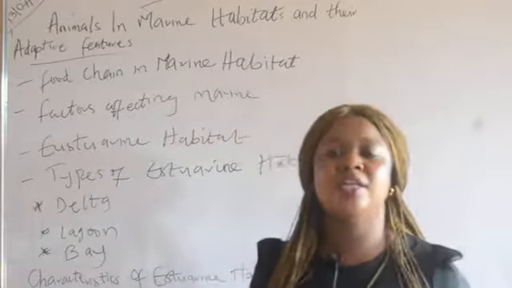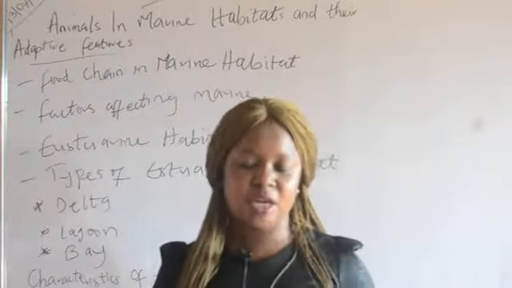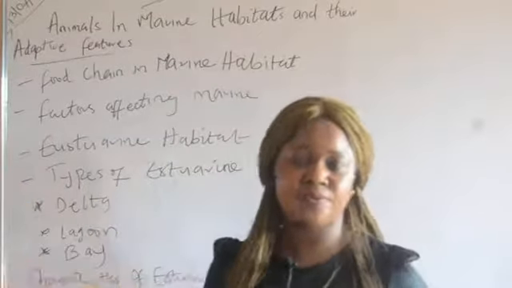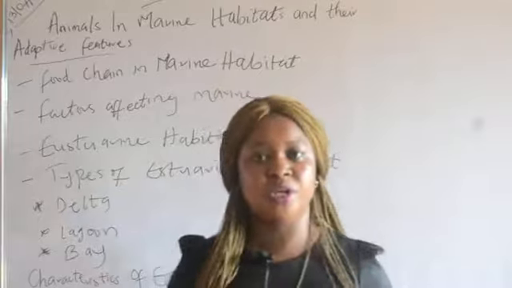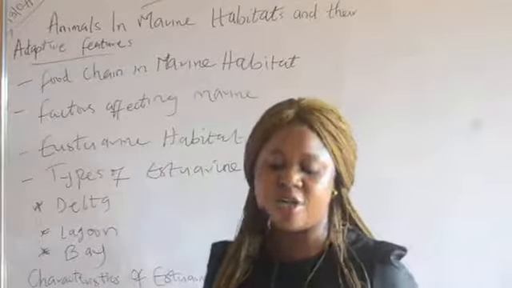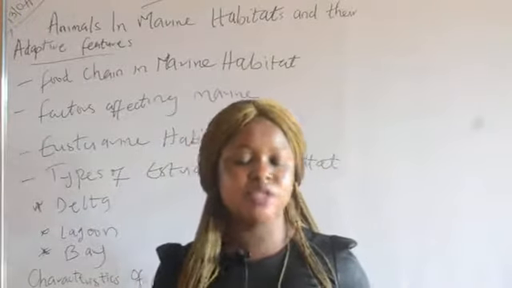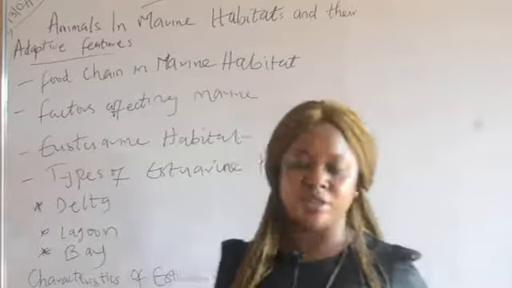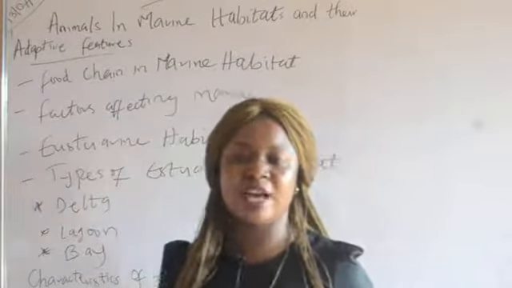Another one is the cartilaginous fishes. An example of a cartilaginous fish is the shark, or the dogfish. They have the ability to retain urea in their body for a long time to cope with high salinity.